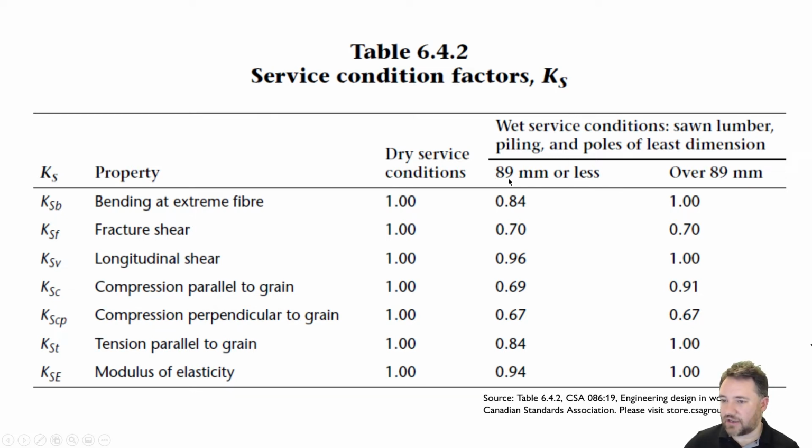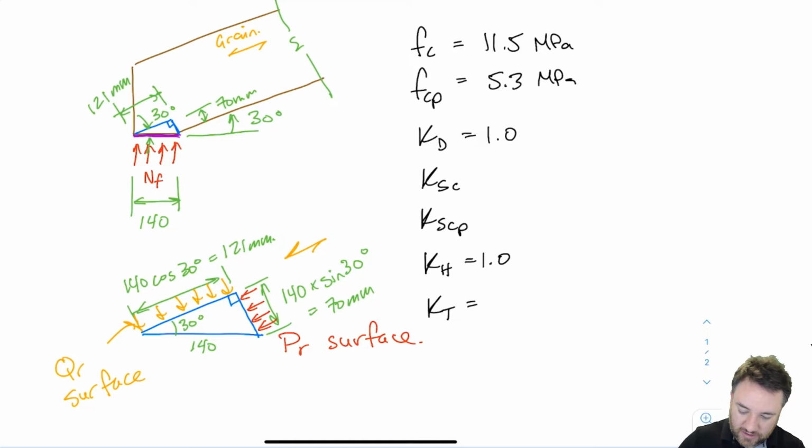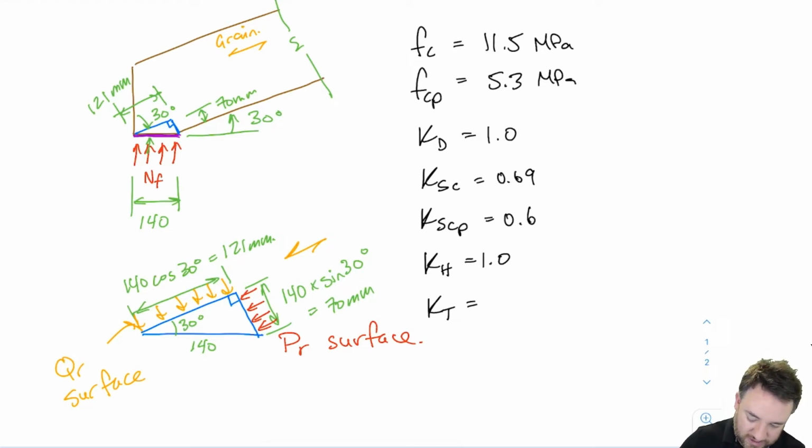So we can read down here and find KSC, the service condition factor for compression parallel to grain, is 0.69, and KSCP, compression perpendicular to grain service condition factor, is 0.67. So let's put those ones in. So that's 0.69 and 0.67.